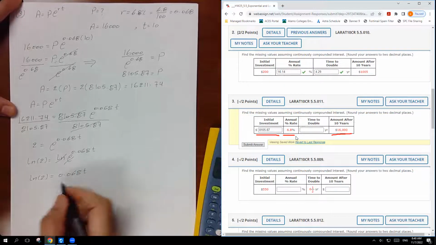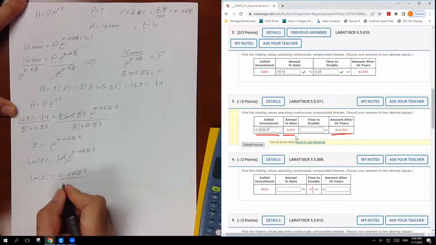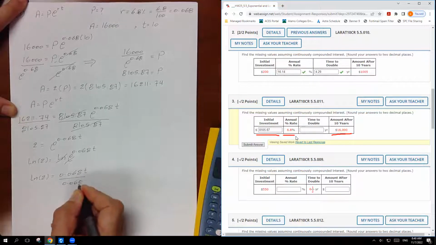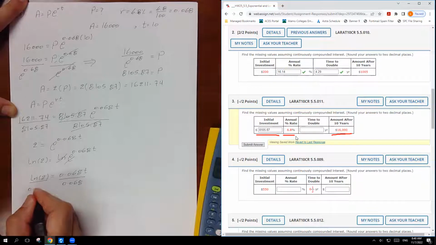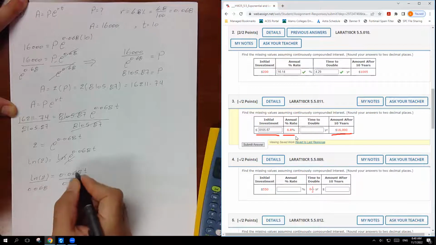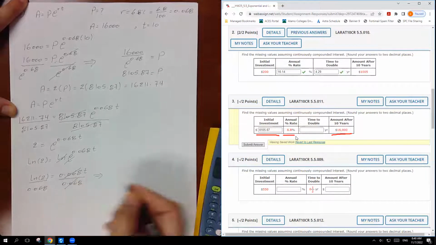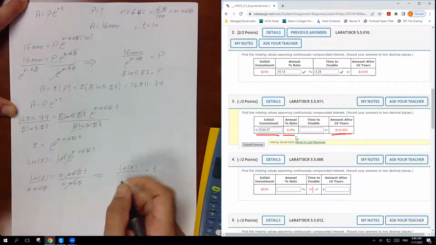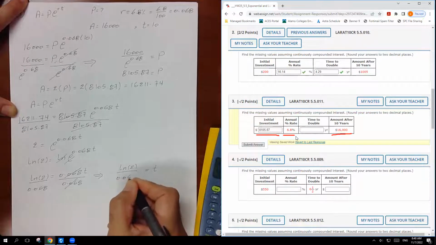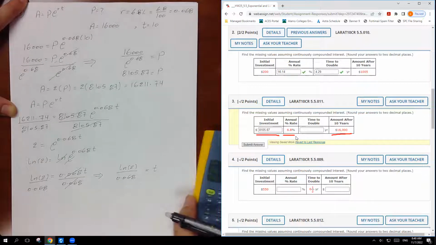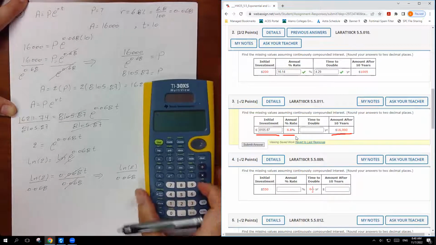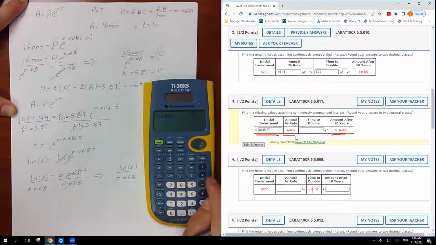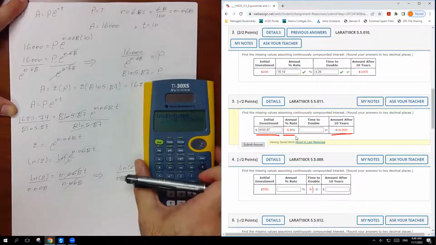Now divide both sides by 0.068. That means the time is going to be equal to ln 2 divided by 0.068. So we're going to divide ln 2 by 0.068. It's going to be 10.19.